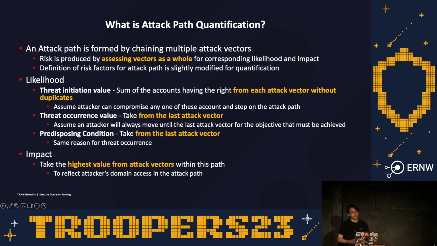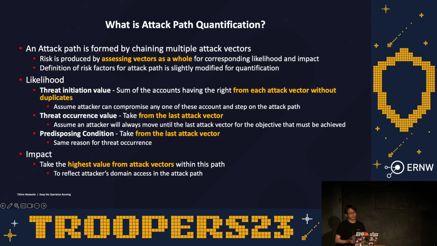So in this attack path, whichever the final attack vector is doesn't really matter. We just assume the attacker will move until the end of it to achieve its objective. And for the predisposing condition, we also take it from the last attack vector, for the same reason as the threat occurrence value.